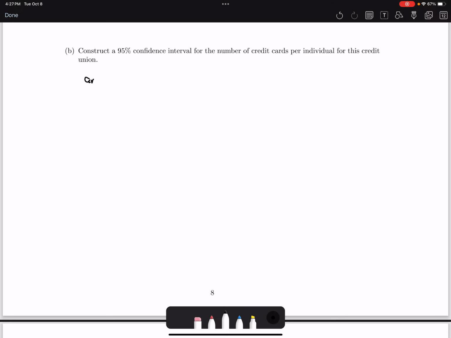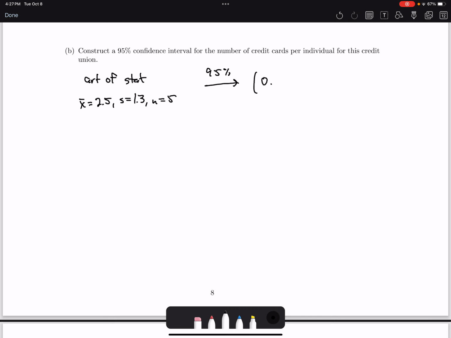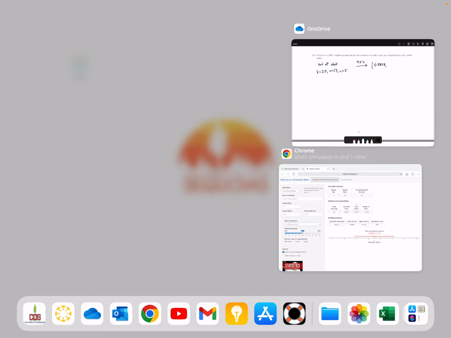So we went to Art of Stat. We entered a sample mean of 2.5, a sample standard deviation of 1.3, a sample size of 5, and then we got our 95% confidence interval, and it was 0.8858 to 4.1142.